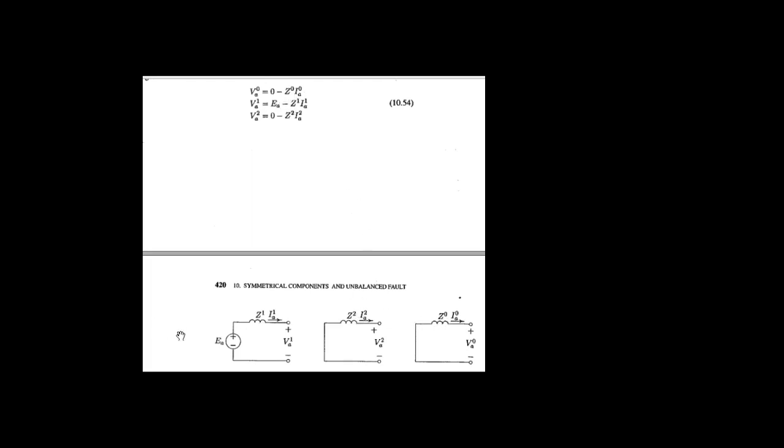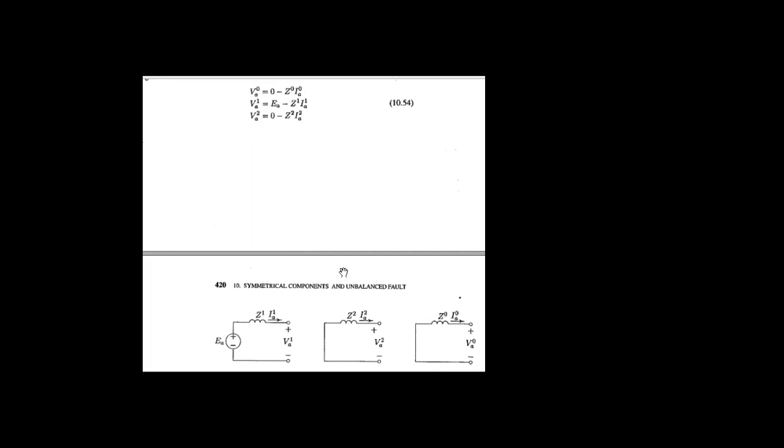So from this equation and the circuit diagram, we can conclude only the positive sequence will have the source, but for negative and zero you don't have any source. And this is the scenario to extract the sequence network from the circuit level.